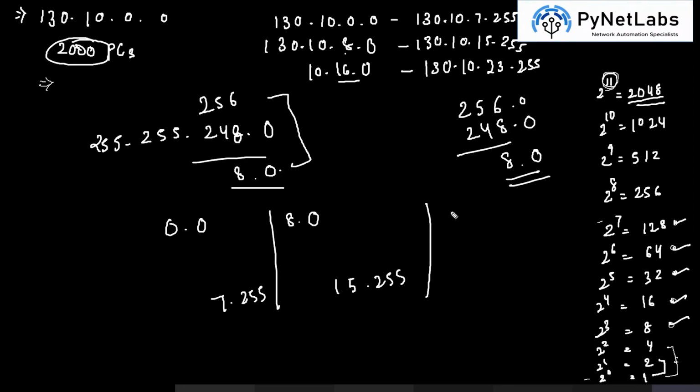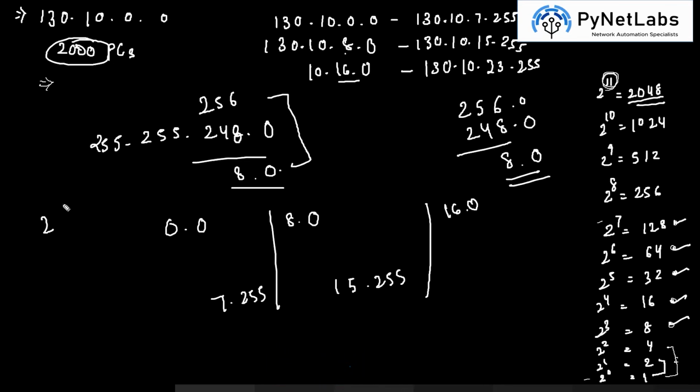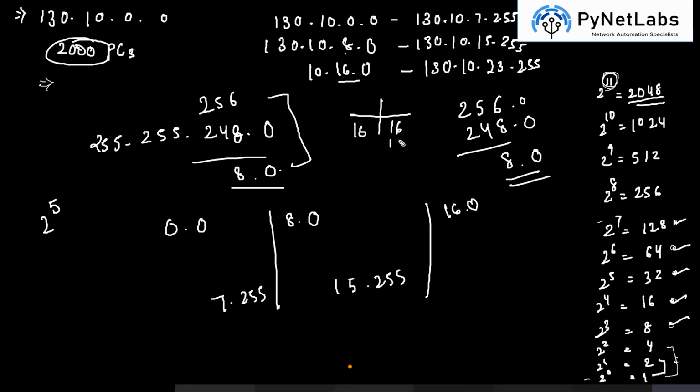The number of networks can be calculated by 2 raised to the power of the number of borrowed bits, and we borrowed 5 bits in this case. If you remember, we subtracted 11 from 16 and 5 bits were given to the network part.